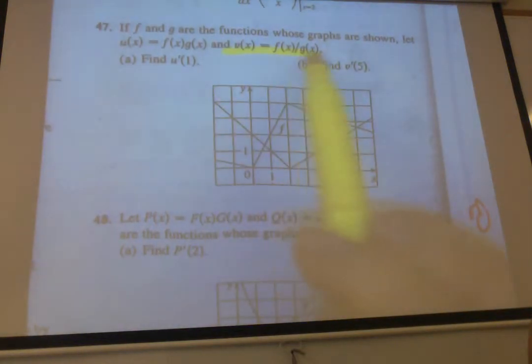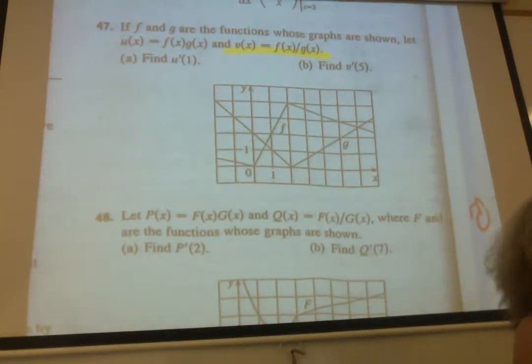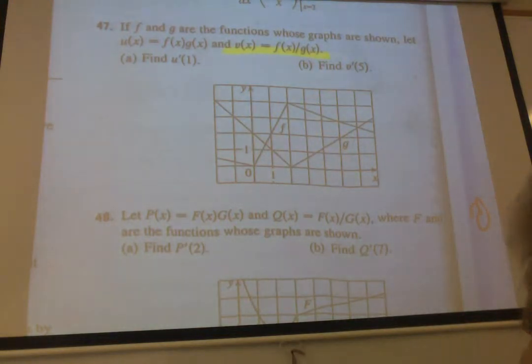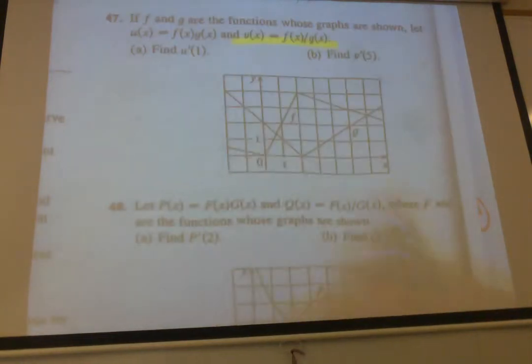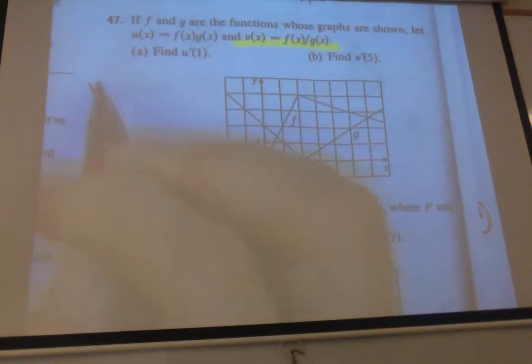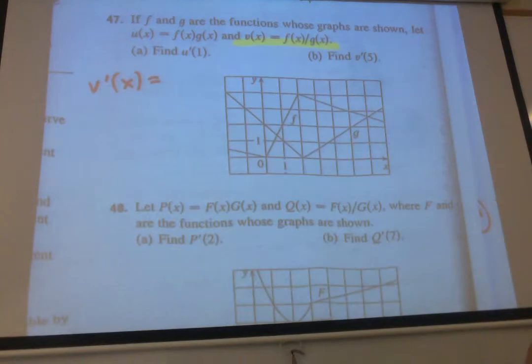Here's v, and it looks like it's f of x divided by g of x, correct? Let's take the derivative of that, which should actually be pretty simple if we know the quotient rule, because we don't actually have to know what g of x is or f of x is.